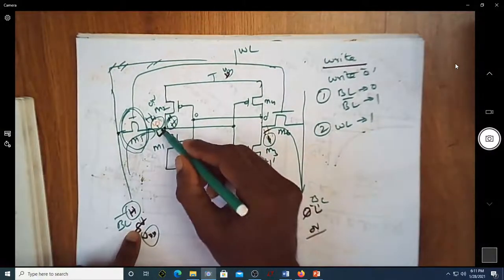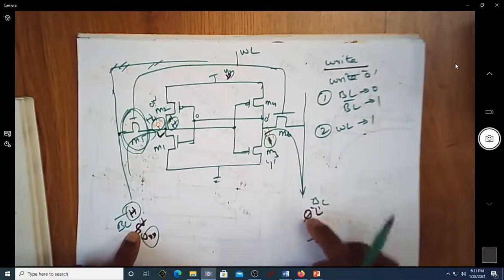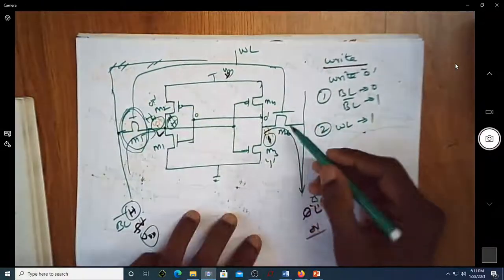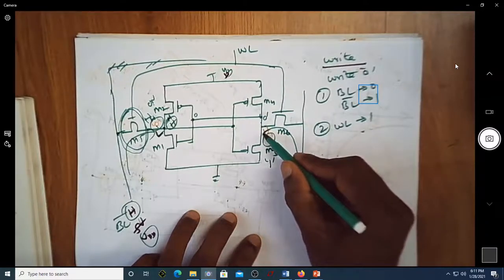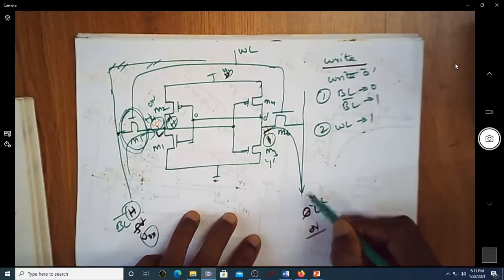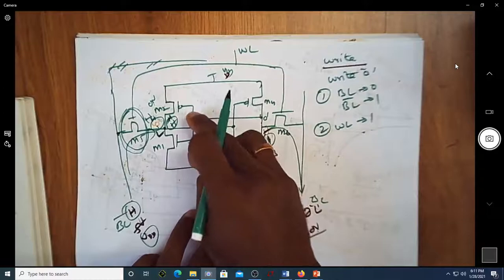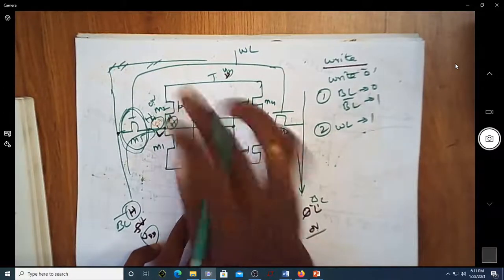So whatever 0 you want to write here will happen from this side, it will not happen from this side. Since it is low, whatever voltage high you have has to now discharge. When this discharges, naturally this will go to low. When this goes low, this will become high. The low which was stored will become high now.